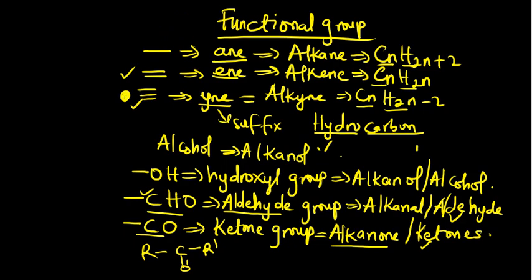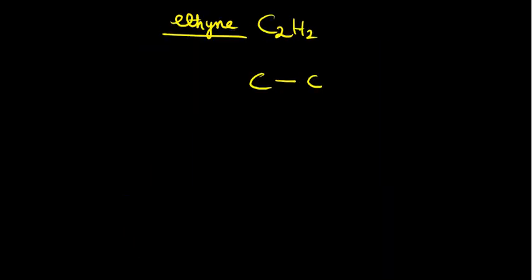Triple bond. I hope you understand. So here, in between their carbon, I will write a triple bond. Then now there is also a rule for triple bond. Whenever you see triple bond, you must not fill 4 hydrogen atoms.